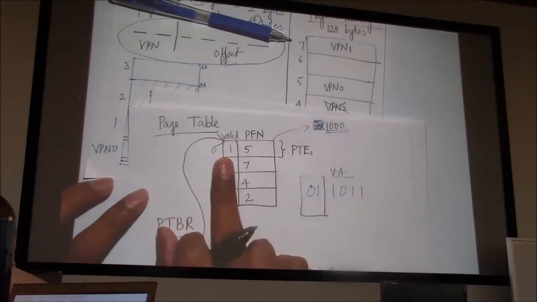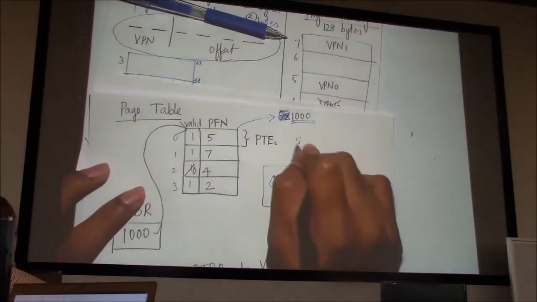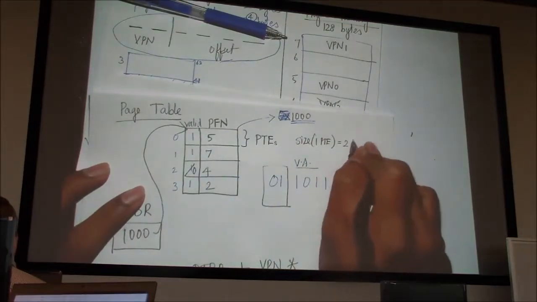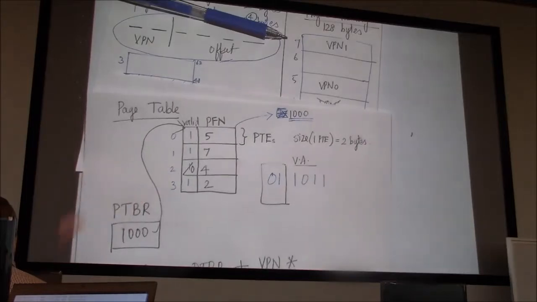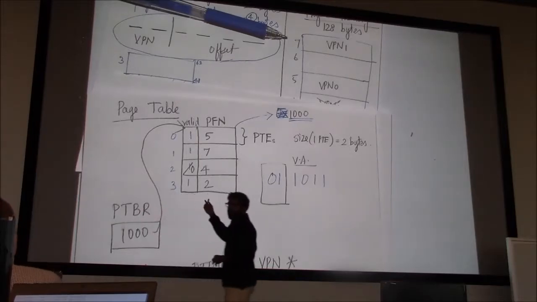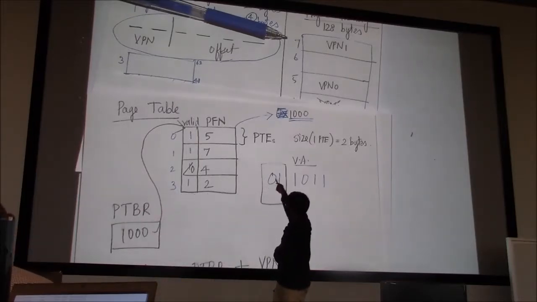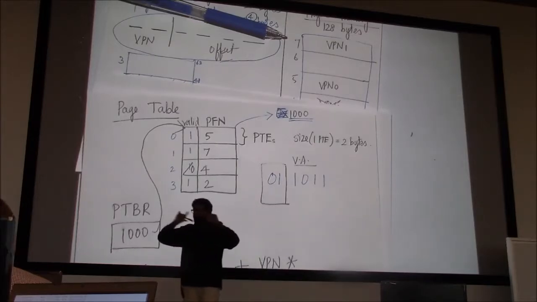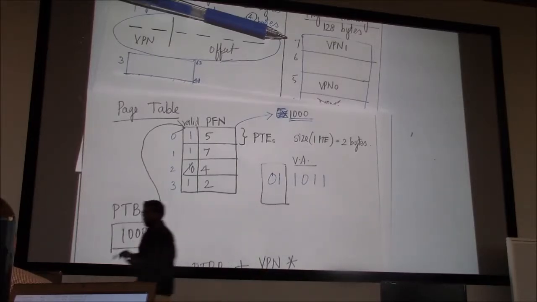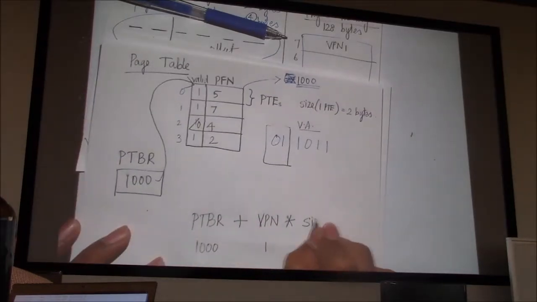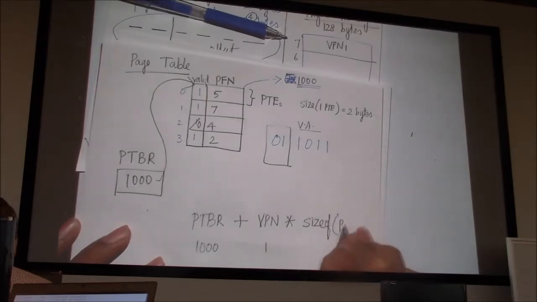Let's assume that each page table entry is of size 2 bytes. In this case, the hardware needs to go to address 1002 to access the page table entry for the first virtual page. Does it make sense? So all it has to do is say page table base register plus the VPN times the size of a page table entry.